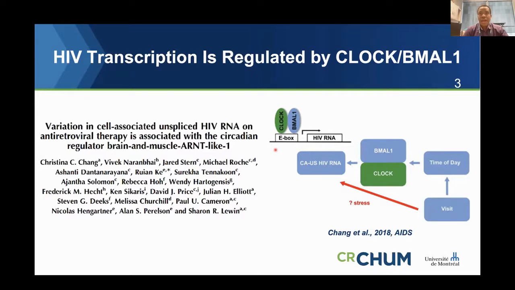The authors hypothesized that the CLOCK-BMAL1 heterodimer binds to E-box sequences in the HIV promoter and positively regulates HIV transcription. Effectively, the existence of E-boxes in the HIV LTR has been reported in the literature.